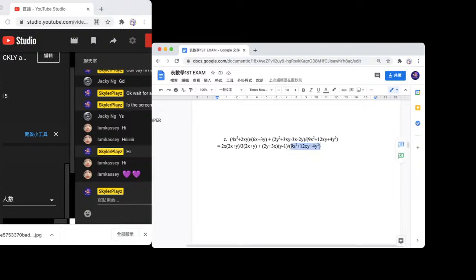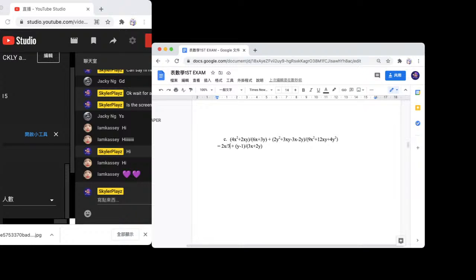So we can simplify it. 3x plus 2y squared. 2y plus 3x is equal to 3x plus 2y. So the power will cancel. Both sides of the fraction have the common factor 2x plus y. So cancel.